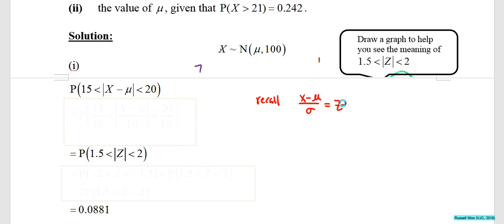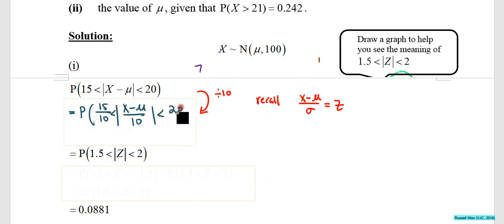What I'm doing here, from here to here, is dividing by 10 throughout the inequality, which means this is equal to the probability of 15 over 10 less than mod x minus mu over 10, smaller than 20 divided by 10. Got it?